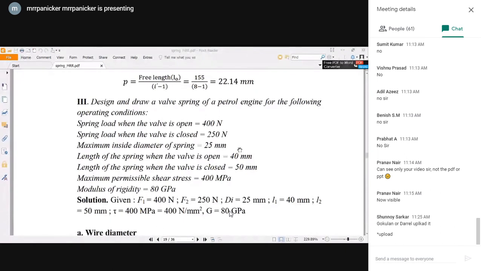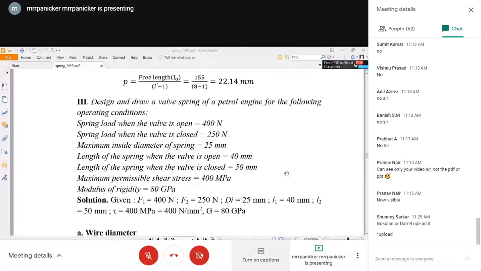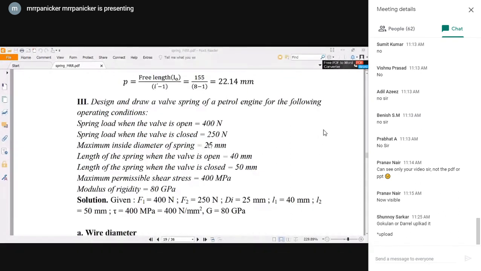That is the condition that we have to keep always. Then two lengths have been given, length of the spring 40 and length of the spring 50. So two forces, two lengths, maximum inside diameter.